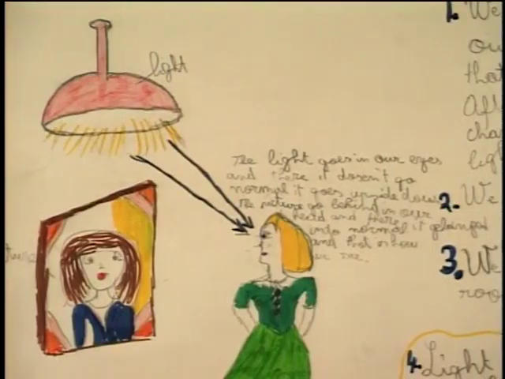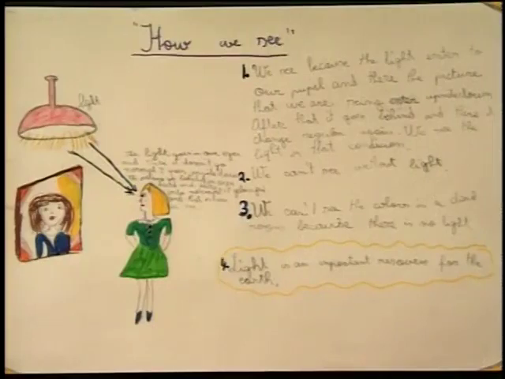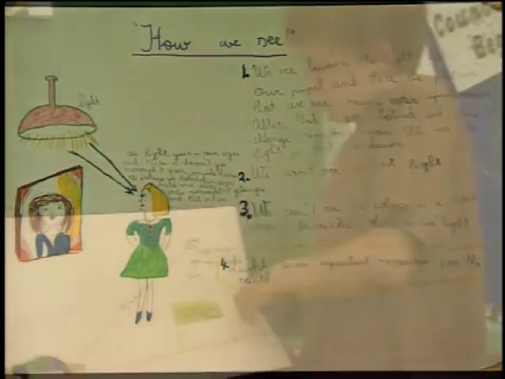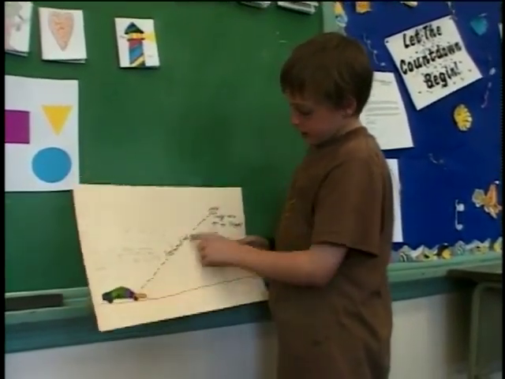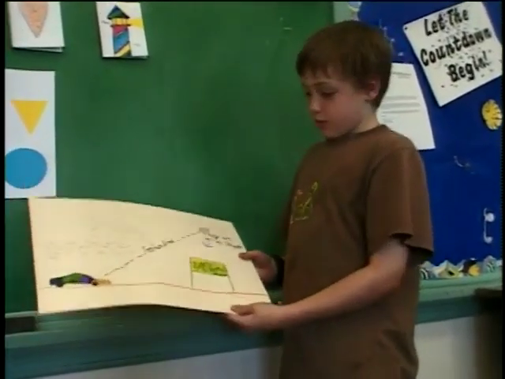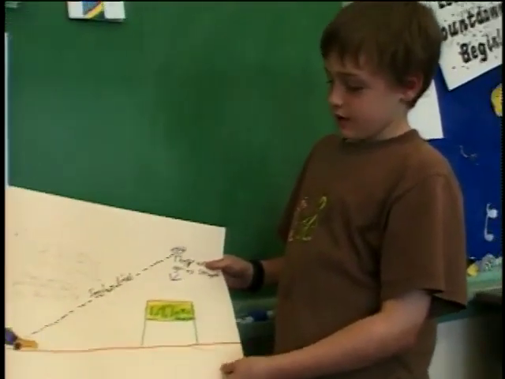Here I read that we can't see without light, and we can't see the colors in a dark room because there is no light. That light is an important resource for the Earth. I drew a car, and I have an eye looking at it, and these are seeing lines, but when you're looking at something, if someone's looking at you, they don't see seeing lines. It's invisible.